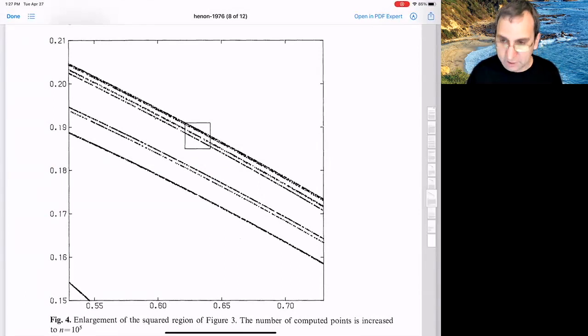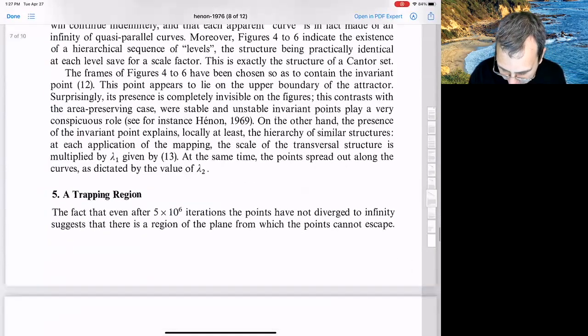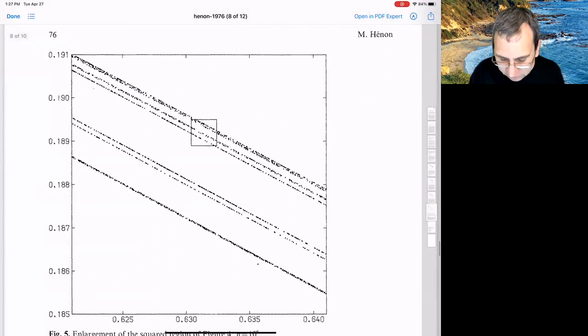So it's an enlargement of that region. And now he's saying, okay, zoom in on this box. It looks like, in that little box, there's a thick band and then two other bands. If we zoom in, what do we actually see? Well, what looked like a thick band is actually a thick band with two other little bands ad infinitum. You could just keep doing this.